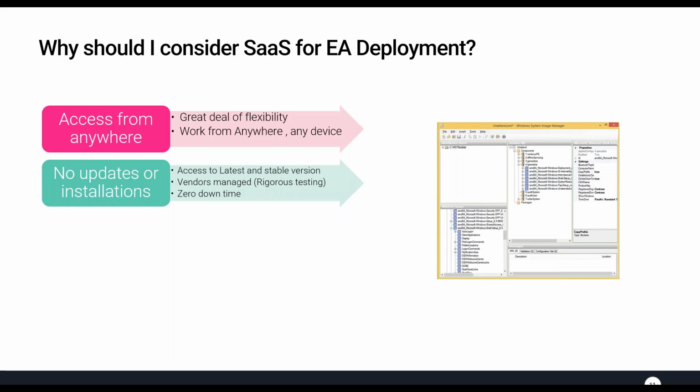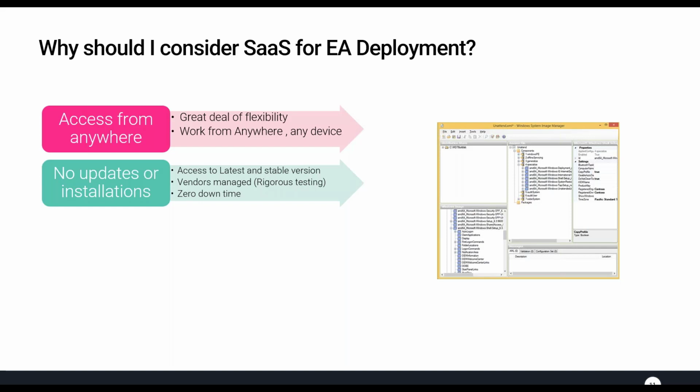It was almost 8 months before they were able to even get it packaged and released. So such overheads are significantly reduced. You always get the latest and greatest and the stable versions.